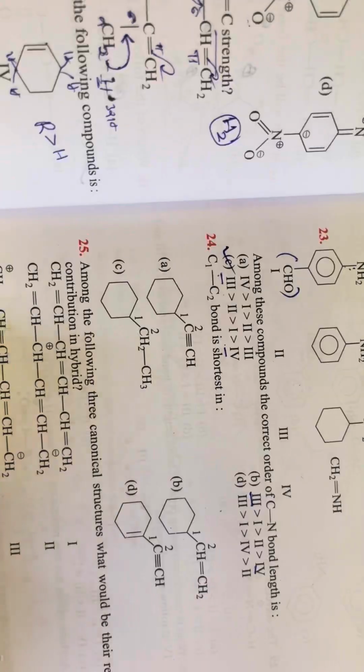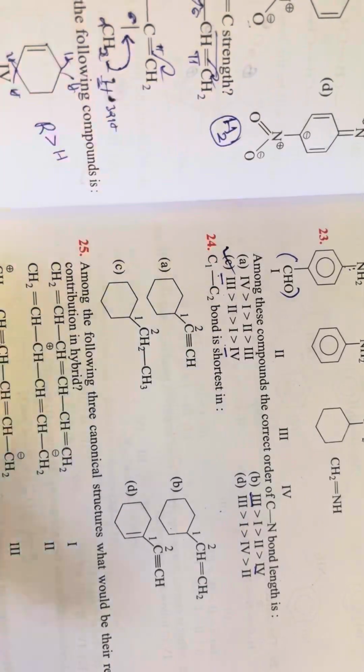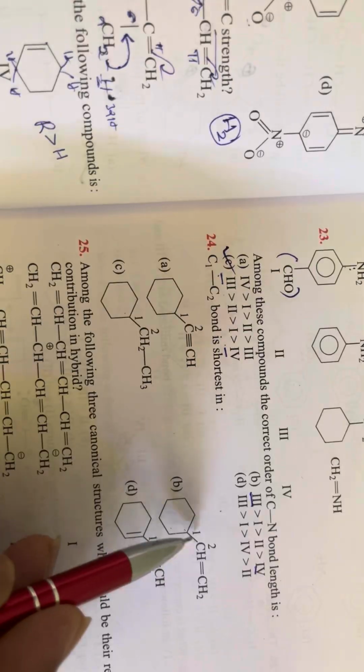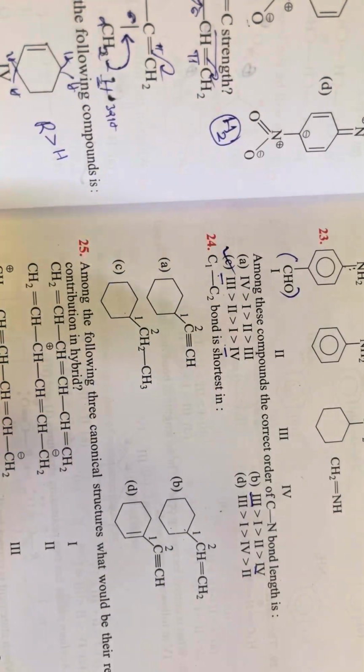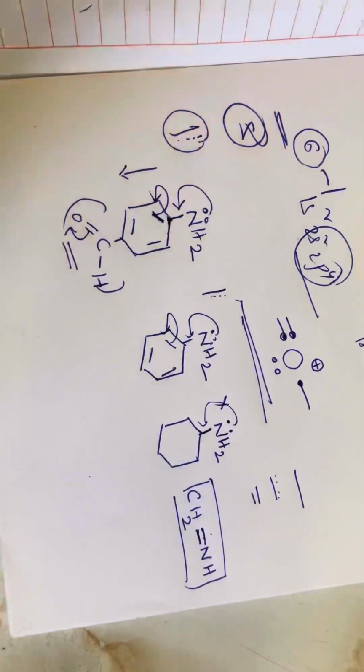The next question, students. Here, between C1 and C2, the bond is shortest. Which one is shortest? See, everywhere it is only a carbon–carbon bond, yes or no? Remember, here there is sp hybridized, sp2 hybridized, sp3 hybridized.